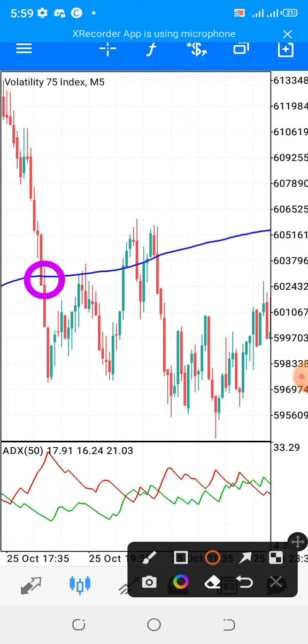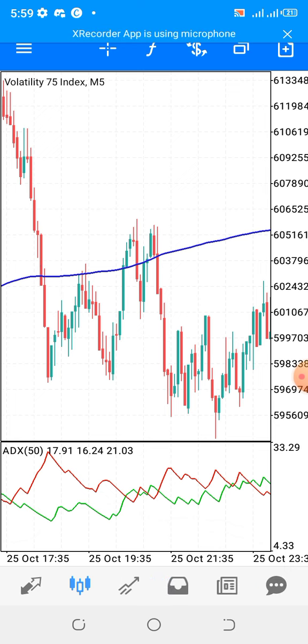If you don't see a crossing, just be watching the market. Now you see that there is no crossing in this region here. So wait until there is a crossing.